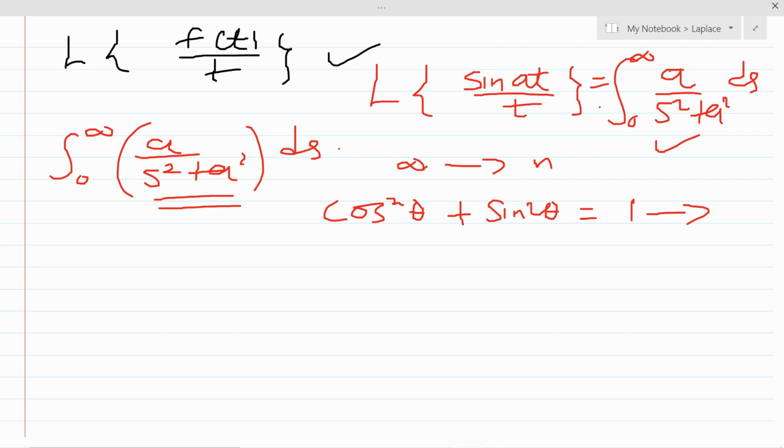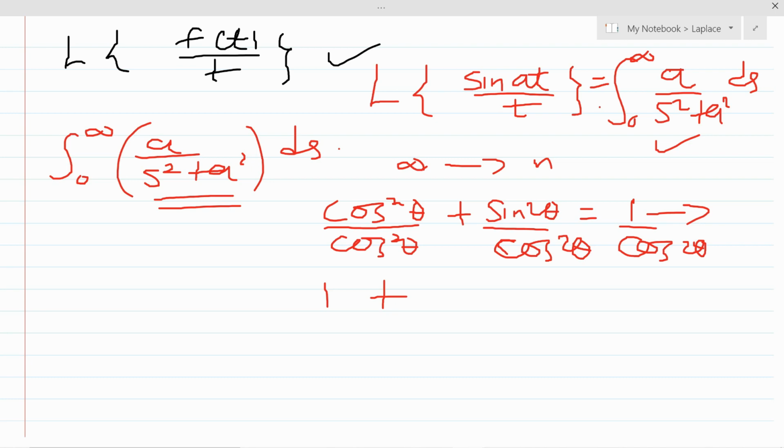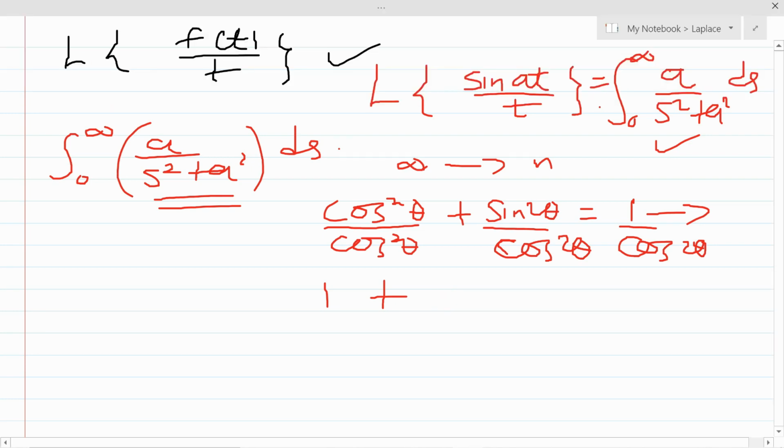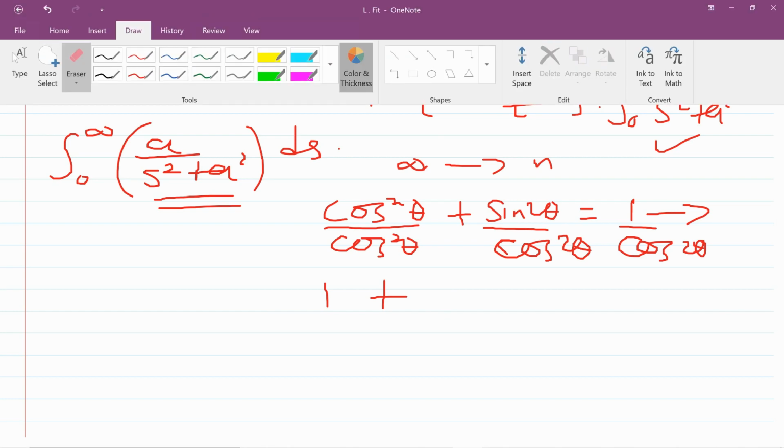If we divide this side by cos squared theta, this side by cos squared theta, and this over cos squared theta, we get something like 1 plus tan of theta.